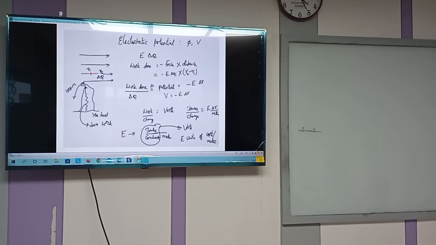Okay? So I am moving from R2 to R1. Now I know that if I do not move it, if I just keep the test charge at the position R2, since the electric field is directed to the right, the charge would have simply accelerated to the right. Because if I have a test charge del q, there will be a force acting on this, and the force will be E times del q, correct?